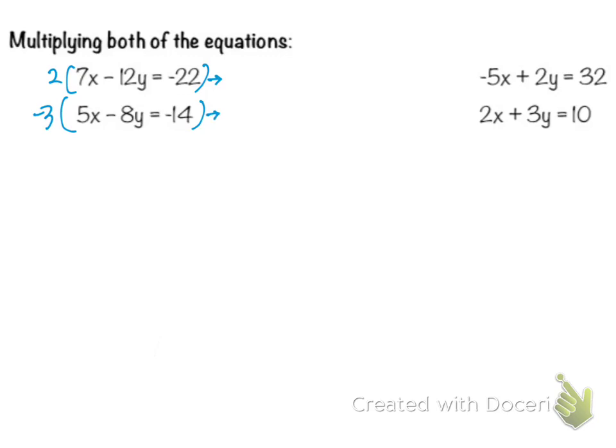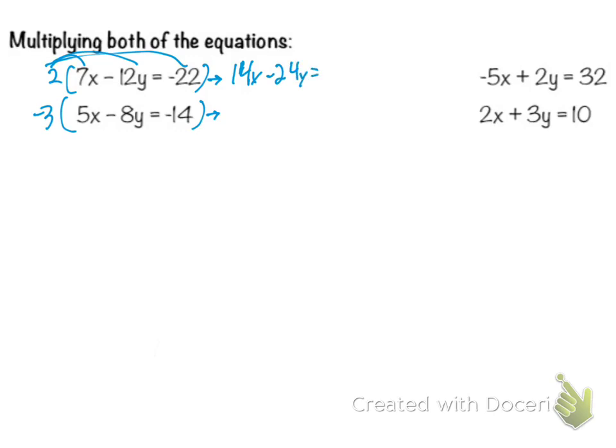What would my top equation end up being? What's 2 times 7x? 14x. And what's 2 times -12y? -24y.